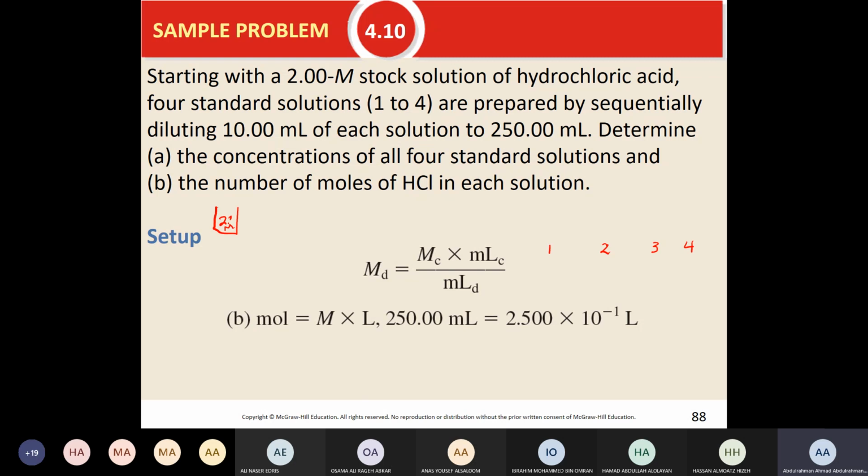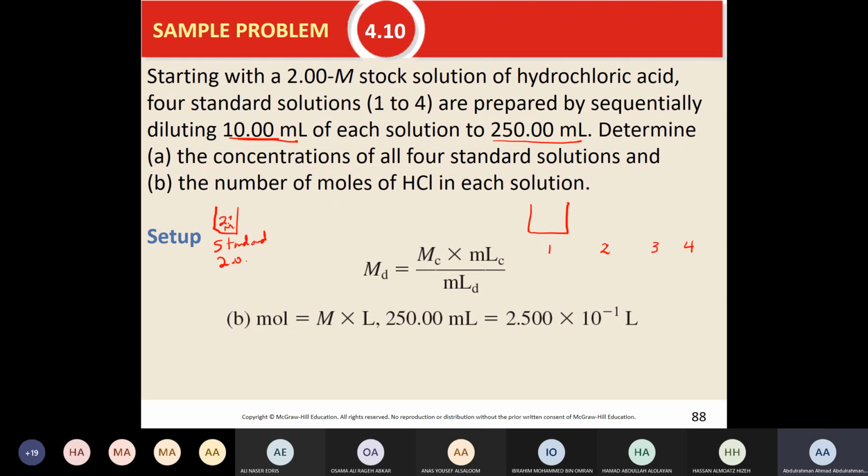The first one, I will prepare it by bringing, so this one, I know this one, what's the concentration of the standard solution? 2.0, that's to start. I took 10 milliliter and make it 250. So what did I do here?